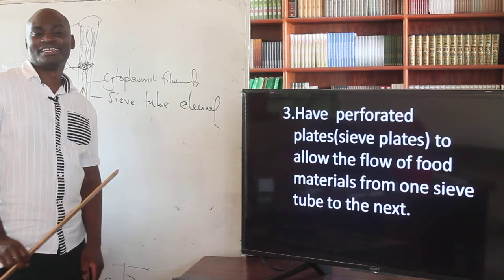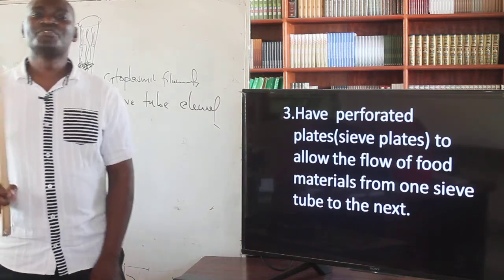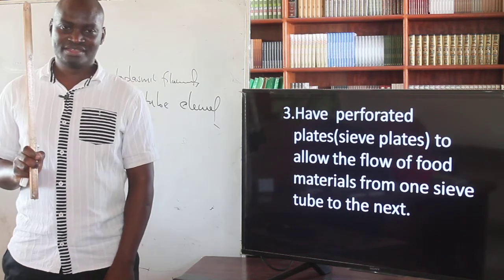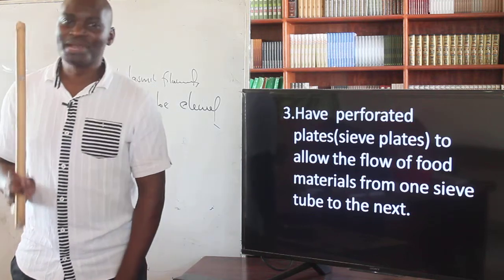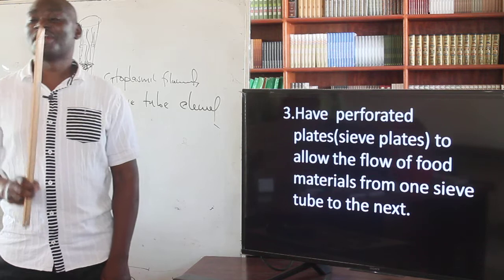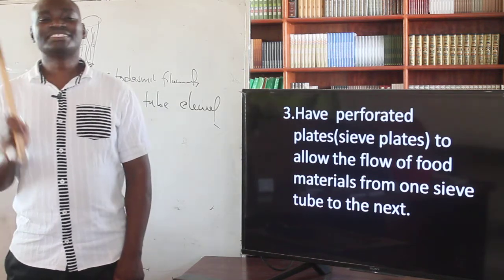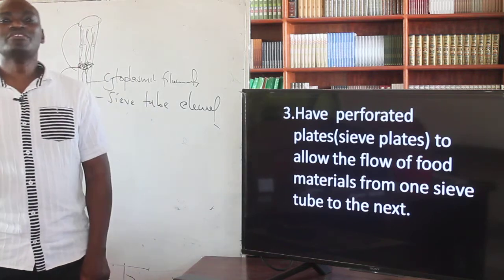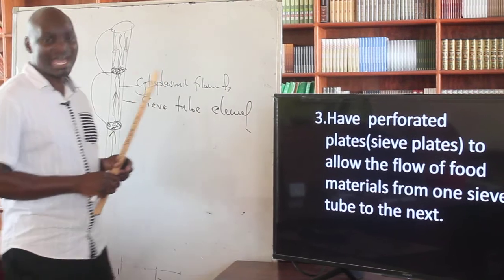Number 3, the phloem structure has perforated plates. Those perforated plates can also be called sieve plates. The sieve plates allow the flow of food materials from one sieve tube to the other.